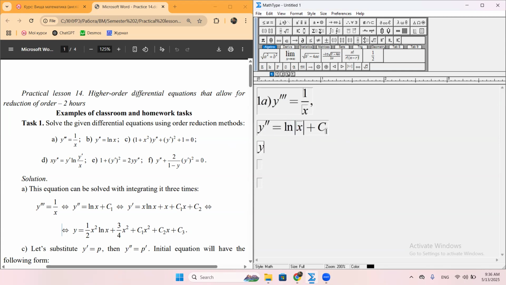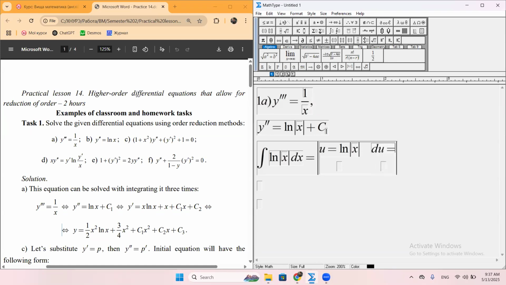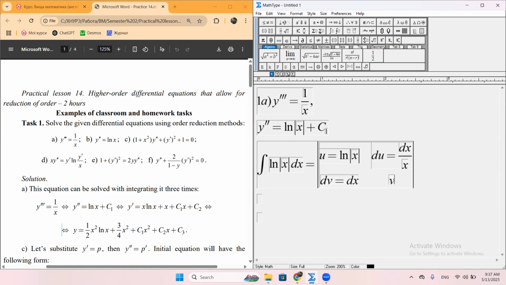So y prime will be equal, so we will have to integrate this logarithm. Now let's integrate by parts, first of all. u equals logarithm of module x, du equals dx over x. Then dv equals dx and v equals x.